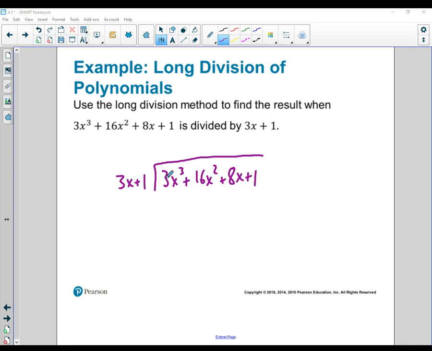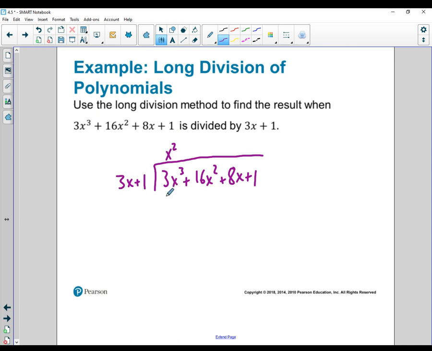And then for each one of these, we're just asking what multiplied by this thing here is going to get me to cancel this term. So what times 3x gets me 3x cubed, and again, x squared is going to do that.